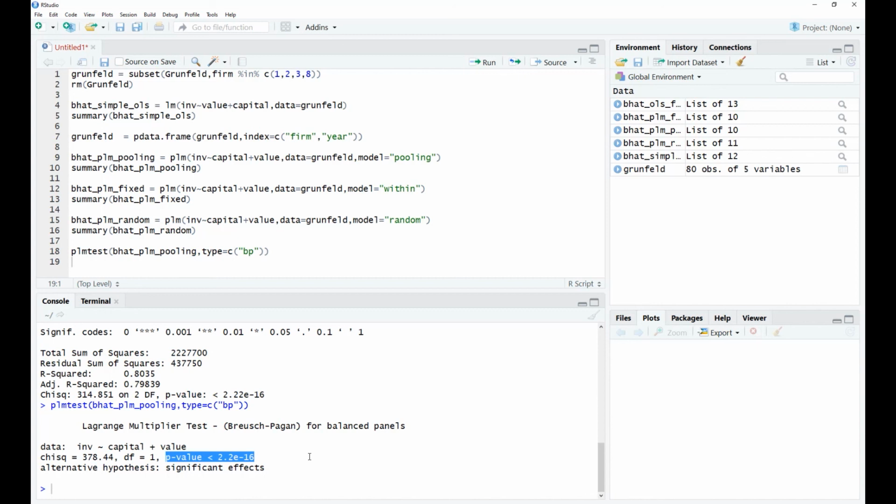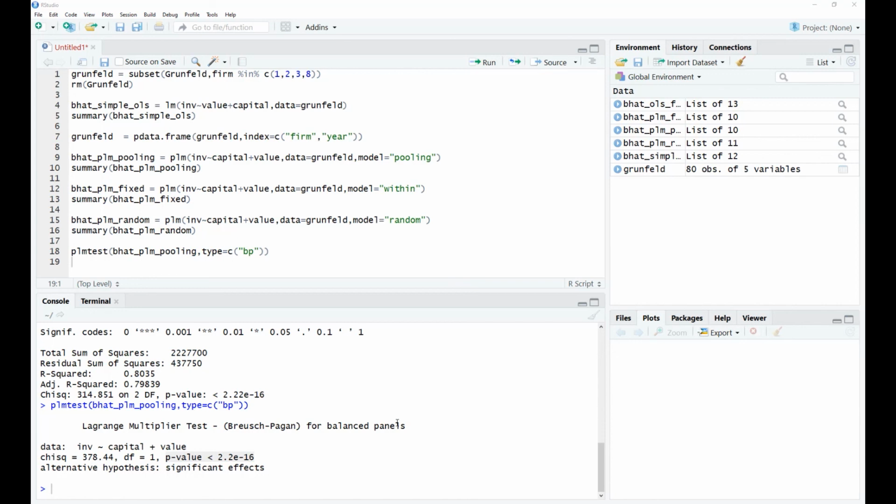And hence, at least in this case, the random effects panel data model is again better than the regular OLS model. So what we have seen so far is that if we run a fixed effects model and if we run a random effects model, and we are comparing those two models with our regular pooled OLS model, we find that it is better to use a panel data model.